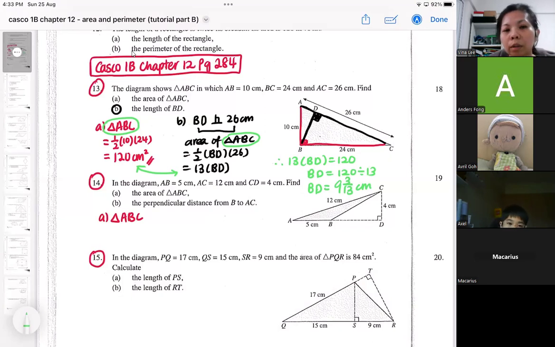So there are two different ways of calculating the same triangle, and they should be equal. Through this, we can find an unknown length.